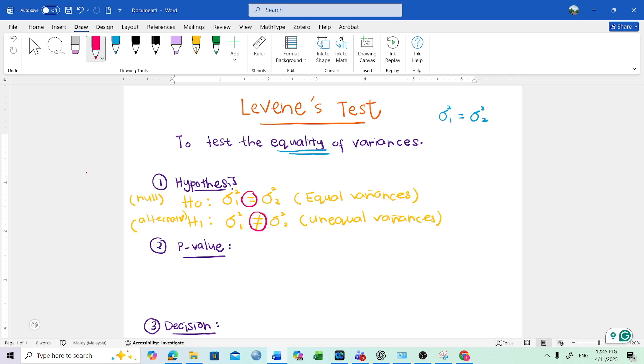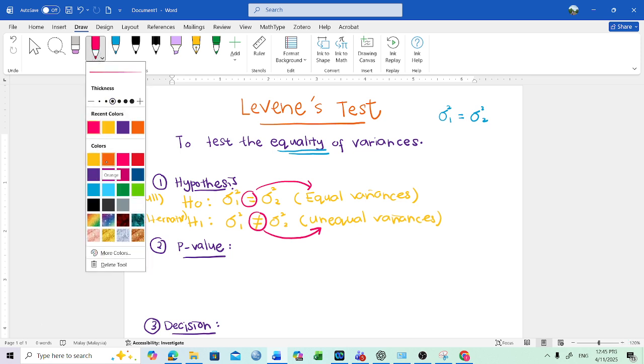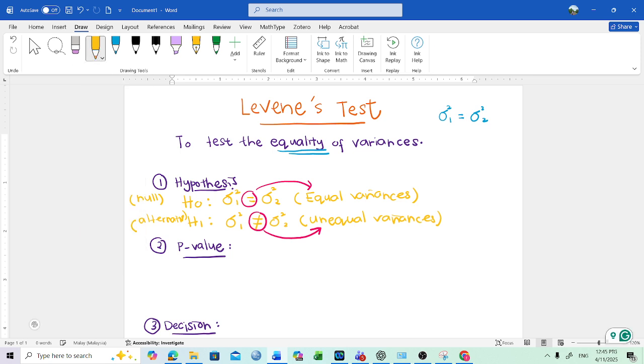Please be careful. One is equal and the other is unequal. Please do not misplace them. That is the first step. The second step is stating the p-value. How to state the p-value?